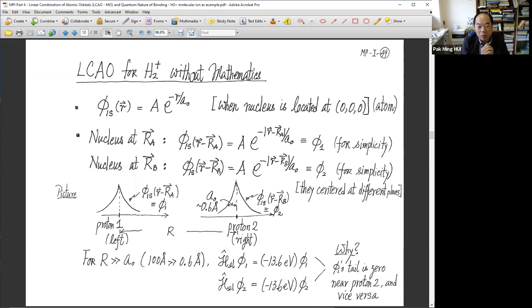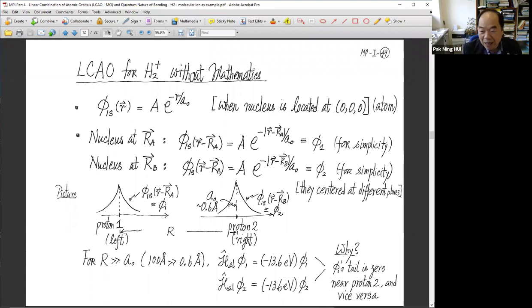In doing quantum mechanics, it's always a balance between accuracy on one hand and the computing effort on the other. Some of you may even want to include the 2p, 3s, 3p. Of course, that will be more accurate, but that will be much more effort.